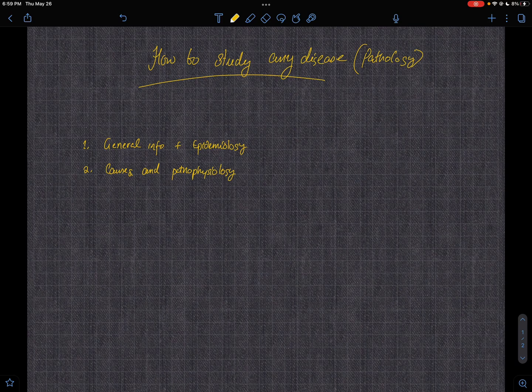Lung cancer would be killing the most people in the world when it comes to cancers. So you would write such information down in the general info, and you could also explain what it is, what is lung cancer, or what is Wilms tumor, just a few lines about that particular disease.